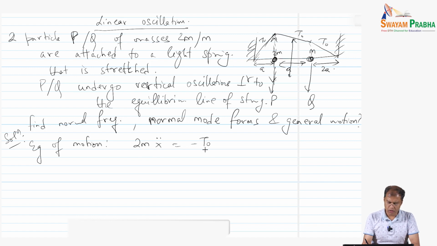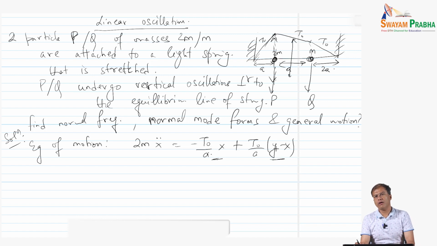So 2m x double dot is T naught by A times minus x plus T naught over A times y minus x. So notice that the terms on the right hand side have a very similar setup compared to the spring mass system studied earlier, where now my restoring force is being replaced by the tension in the string, right, where A is the equilibrium length of the string.